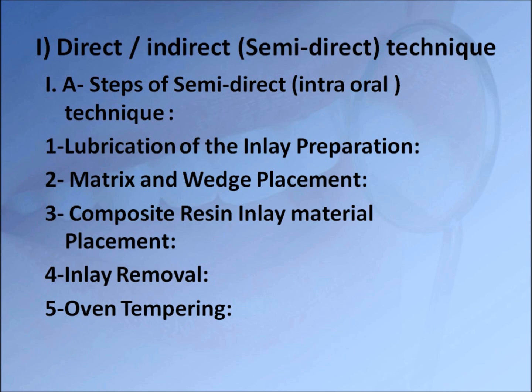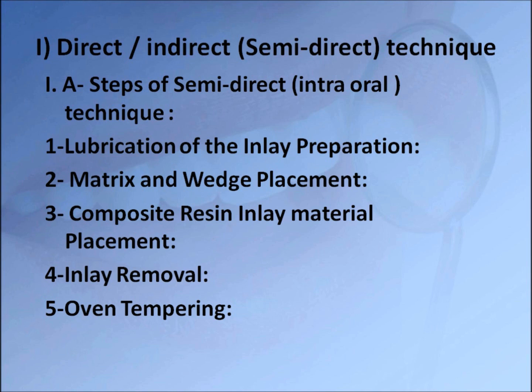Number four, inlay removal. After the completion of the light curing, the inlay must be removed from the preparation. Number five, oven tempering. Separating lubricant is painted on all the inlay surfaces. This will act to exclude air and will allow the inlay to completely cure without an air-inhibited layer.